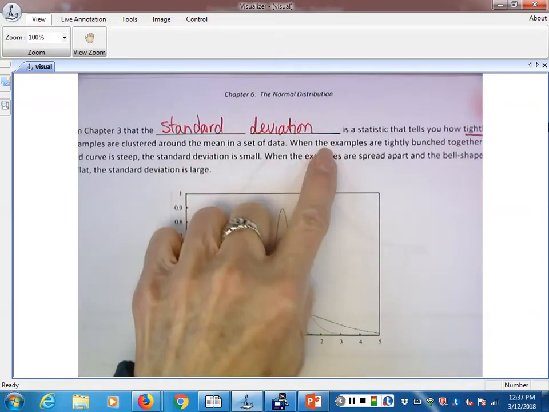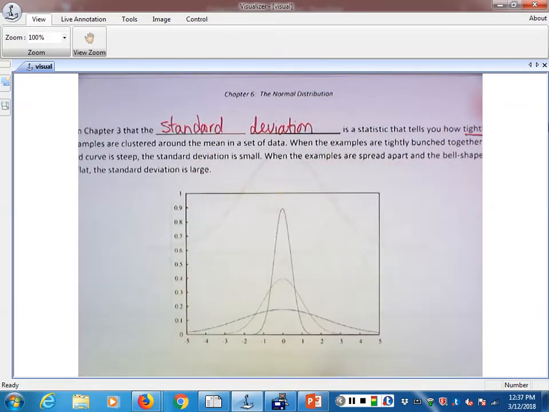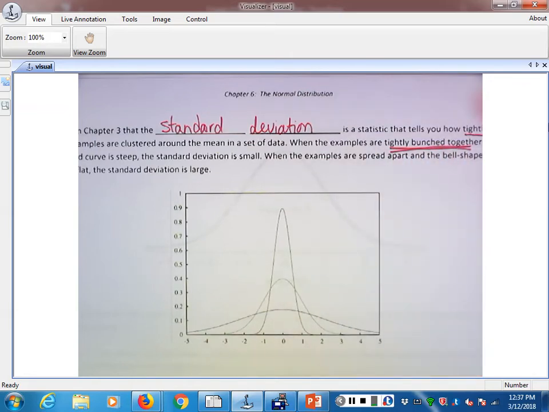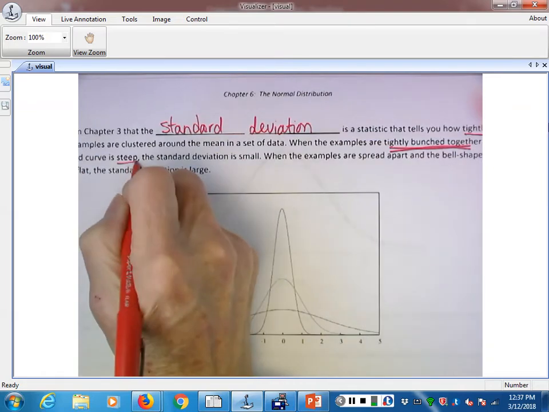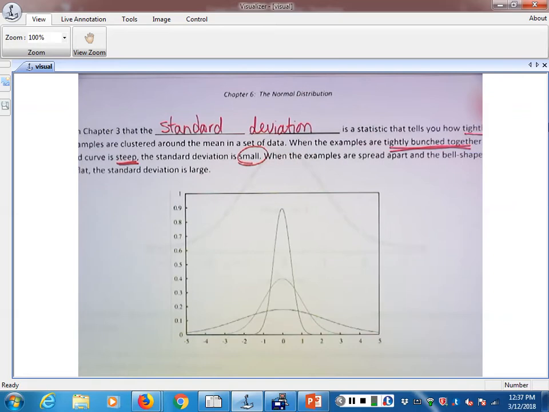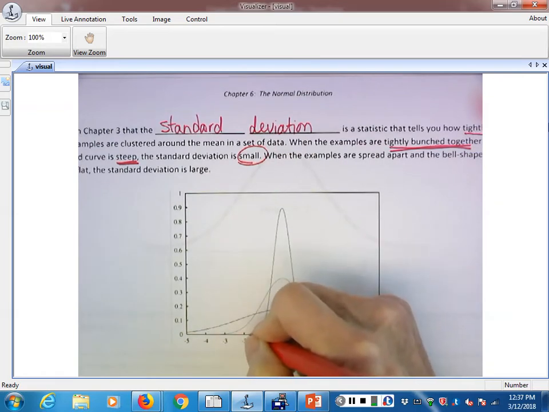When examples are tightly bunched together, and the curve, the bell-shaped curve, is steep, then the standard deviation is small. That would be like this.